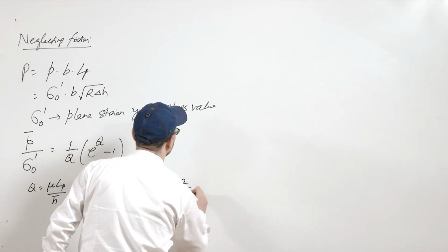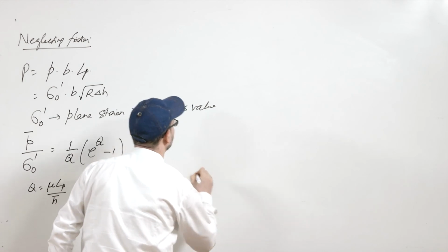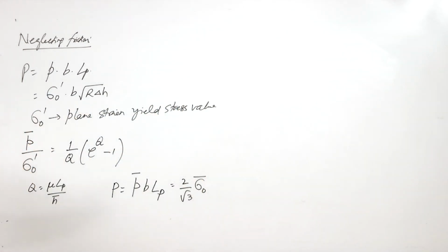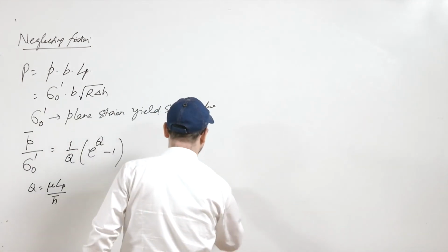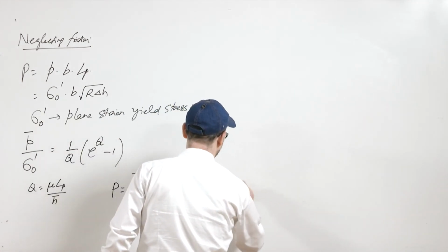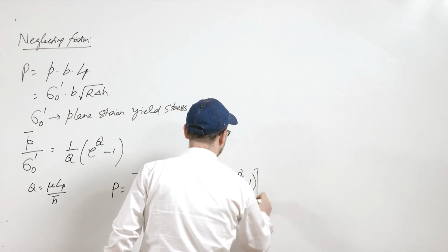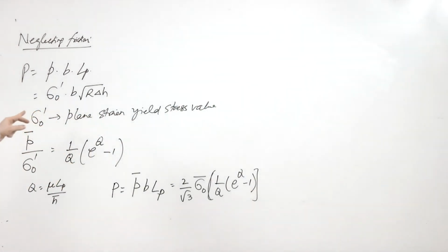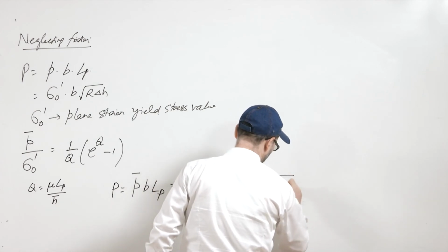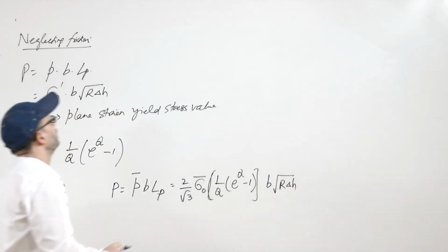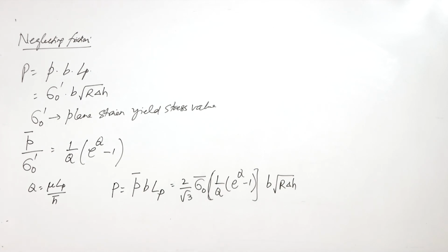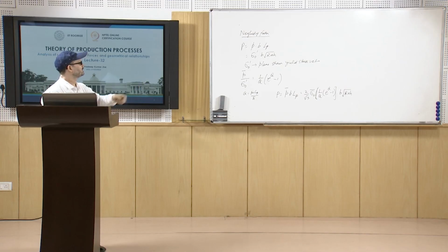Then further you have 1 by q into e raised to the power q minus 1, and then further B into under root R delta H. So, this is how you find the value of the load.